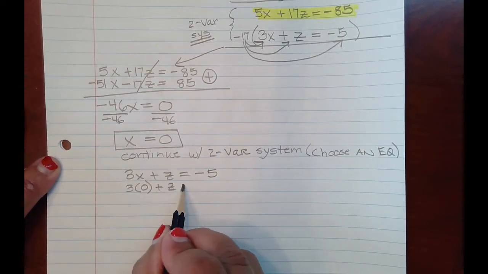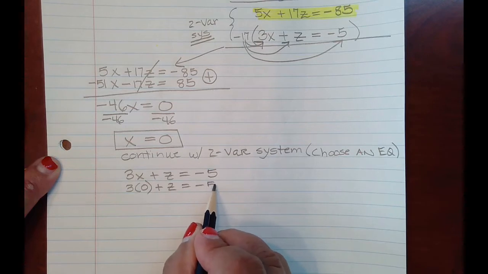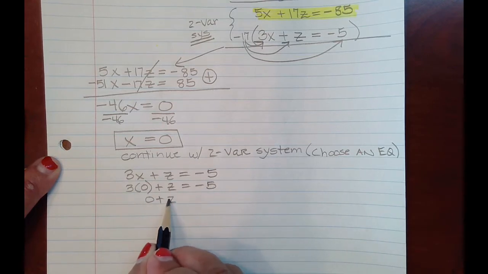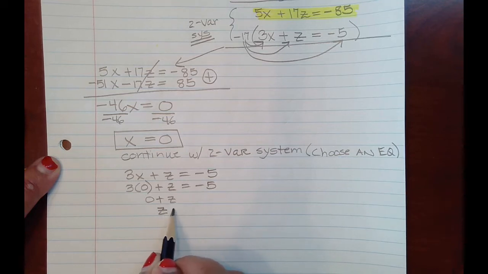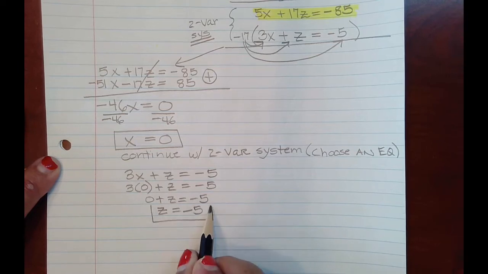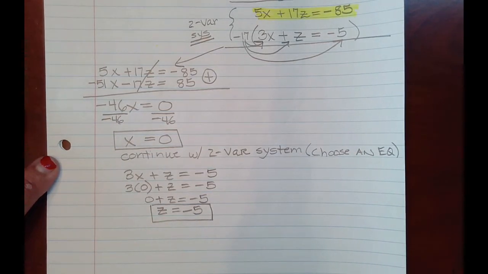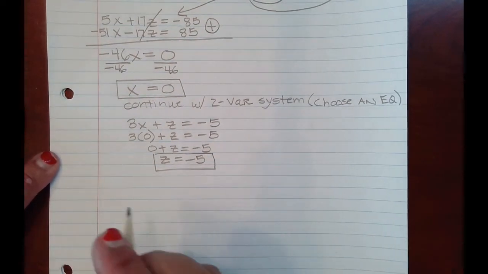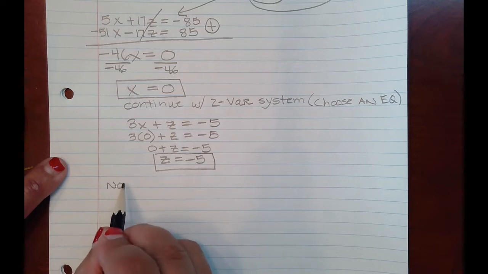And in this way, I will know my second value. Okay, 3 times 0 is 0. 0 plus z is just z. So now we know that z is equal to negative 5. And now I have two values. As soon as you find that you have two values, now you can go back to the main system.